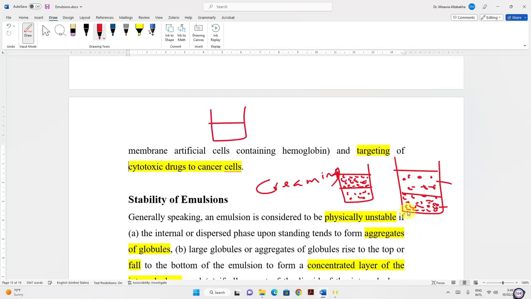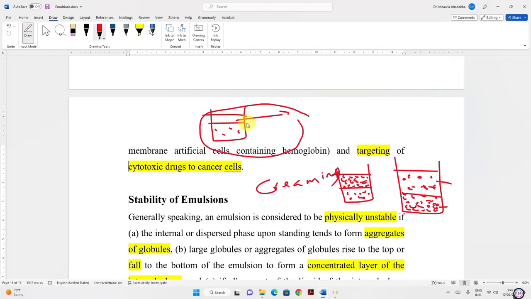You will start to have two complete layers, maybe one that is only internal phase and the other with little emulsion. And this is a problem. This is called coalescence and breaking.